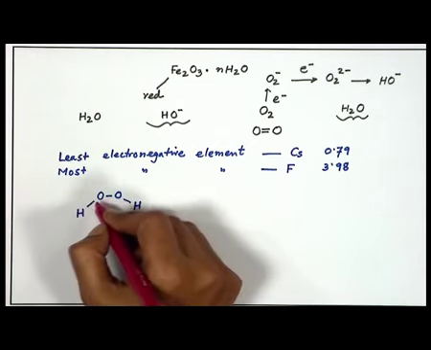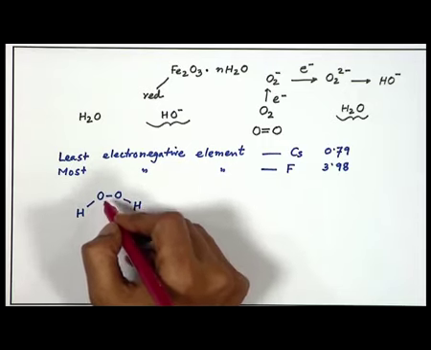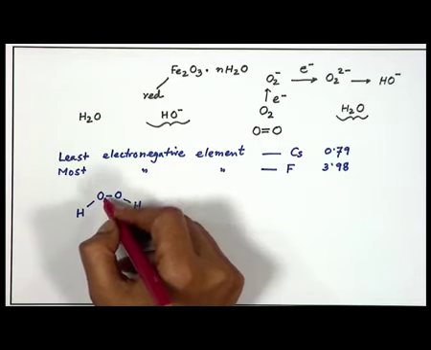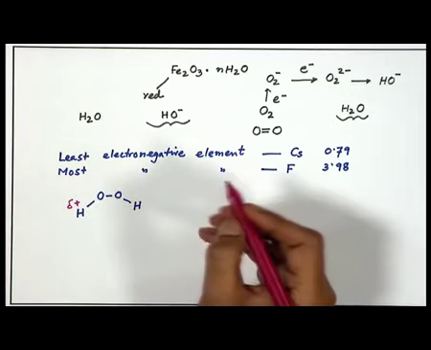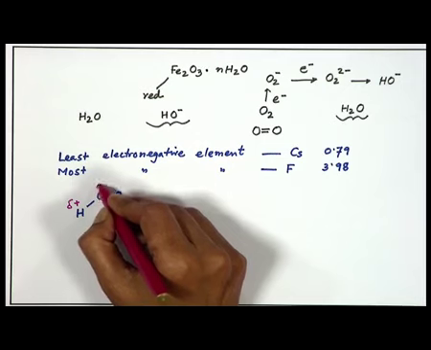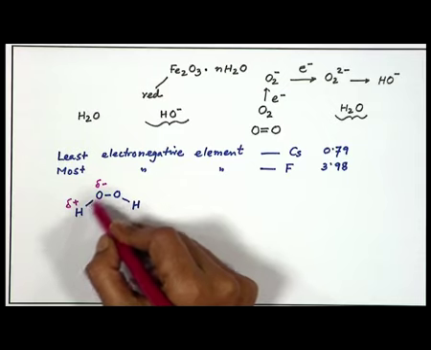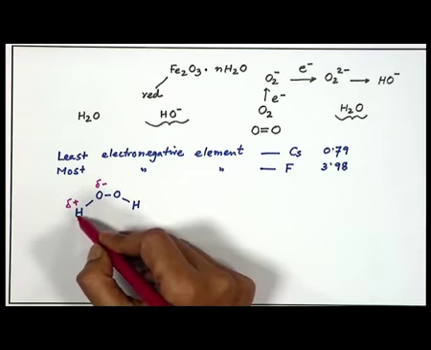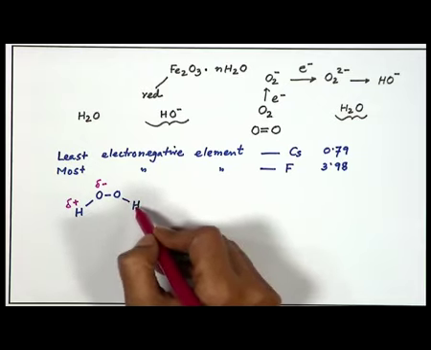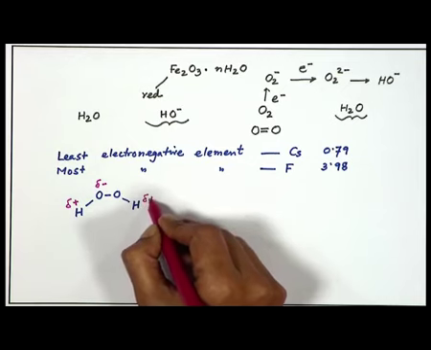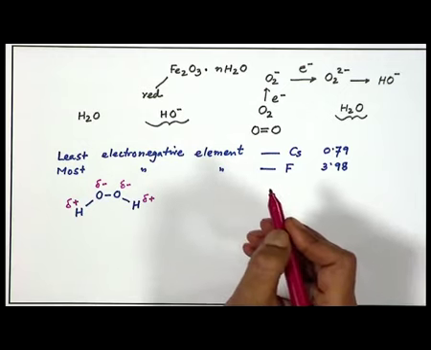If we look at the difference in the electronegativity values between hydrogen and oxygen, one is 2.20 and another is 3.44. So, the partial charge generation on hydrogen and oxygen will be delta plus and delta minus by sharing of the electron pair between oxygen and hydrogen. In a similar fashion, the other OH bond will also have a delta plus charge on hydrogen and a delta minus charge on oxygen.